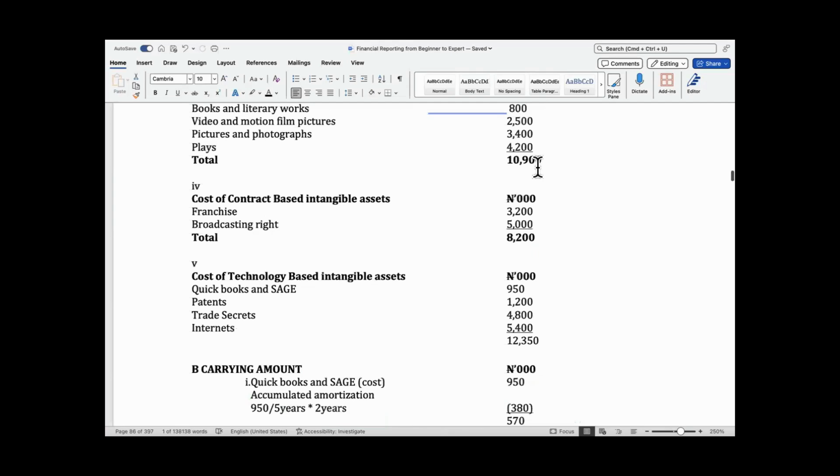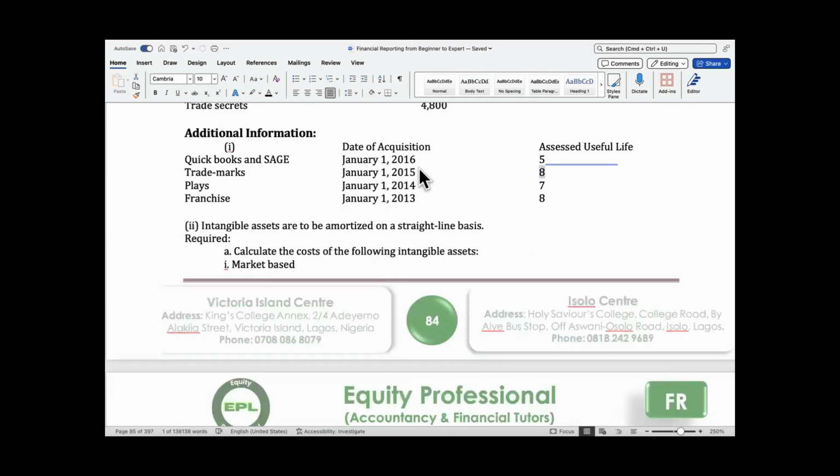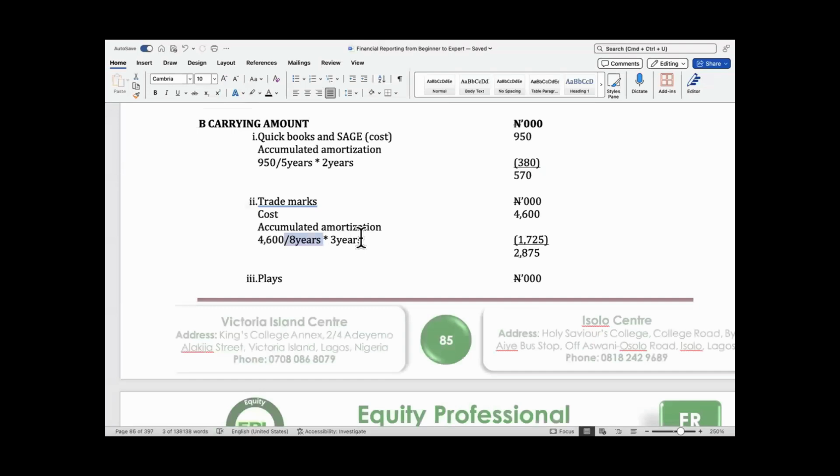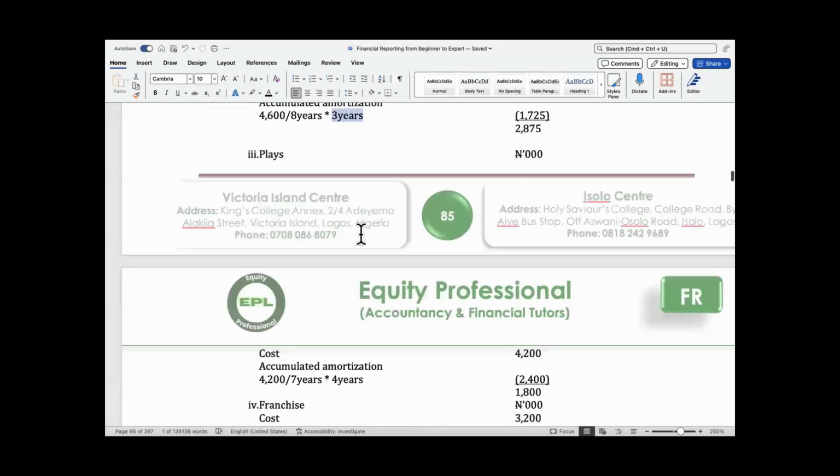And since we bought it January 1st, 2015, and this is the end of 2017, we bought it 3 years ago. So 15, 16, 17, 3 years. That's why you see me dividing it by 8 to get the annual amortization and multiplying it by 3 years.